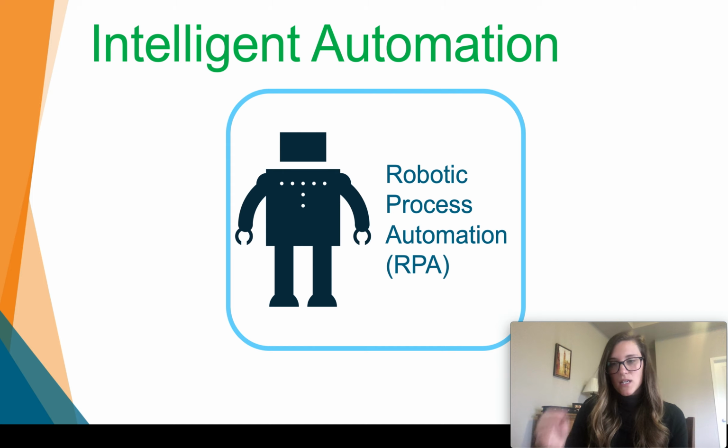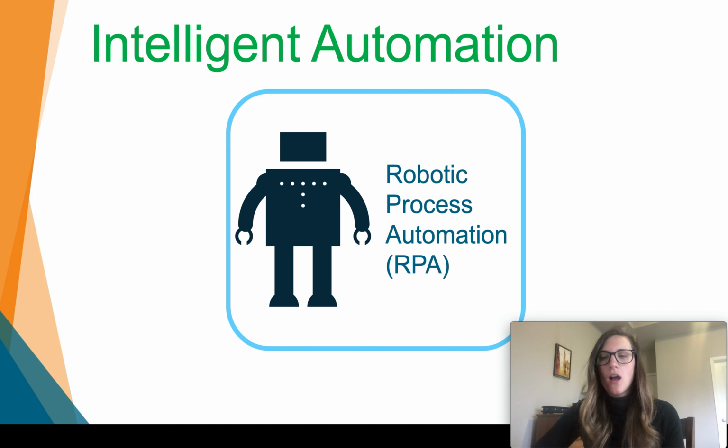And the next tool that I wanted to touch on when we talk about intelligent automation is robotic process automation. For those of you that might not be familiar with robotic process automation, it is bots that allow you to manage really high volume, predictable work that maybe you don't want to have somebody working on day to day.